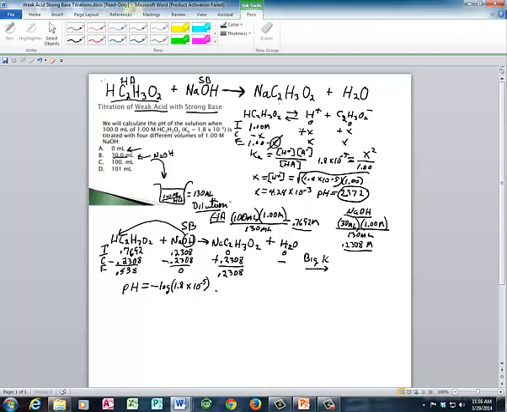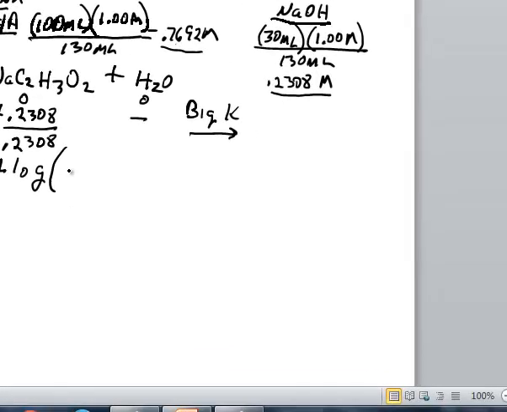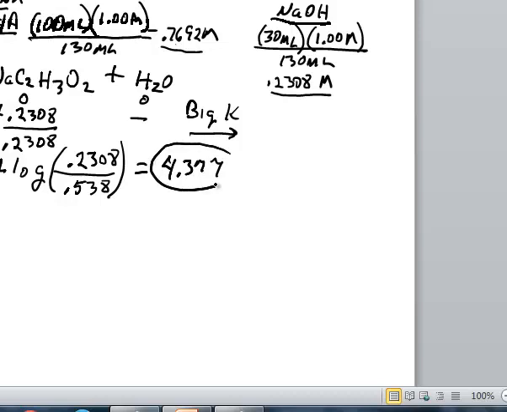That's the pKa plus the log of the base over the acid concentration. Now, the base concentration is 0.2308 molar. The acid concentration of our buffer is 0.538 molar. And when we do that calculation using Henderson-Hasselbalch, we get a pH that's equal to 4.377. That's our pH for our buffer.